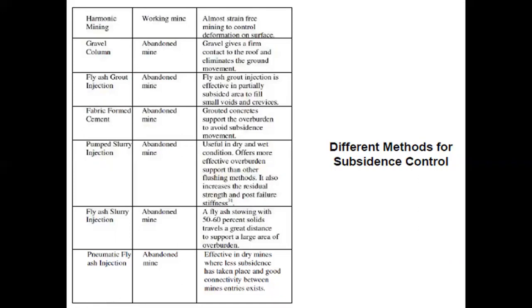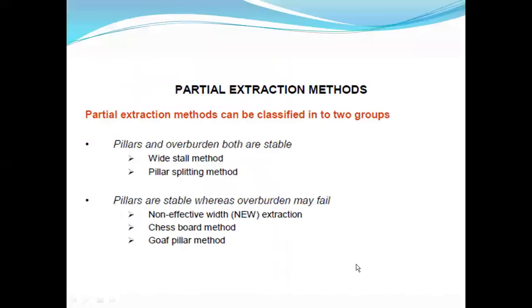The fly ash that is thrown out of thermal plants can be effectively used in filling these kinds of excavated areas so as to avoid the subsidence. Fly ash slurry with a 50 to 60% solid content can travel a greater distance to support a large area of overburden. Next, pneumatic fly ash injection. This is used when fly ash is injected pneumatically to fill the area.